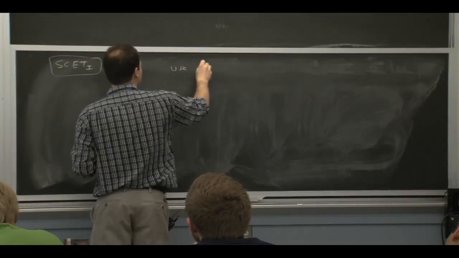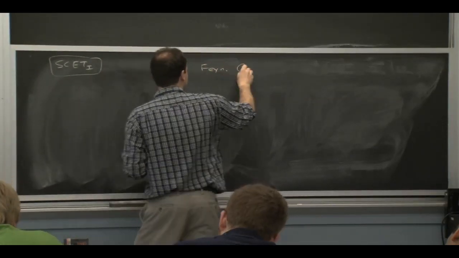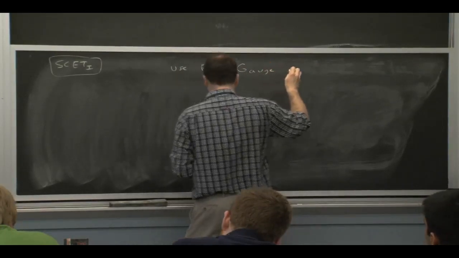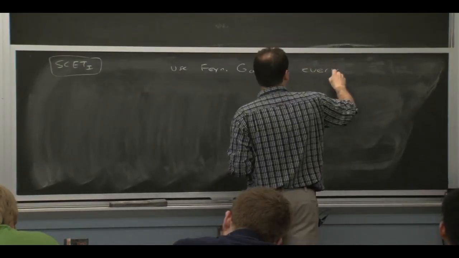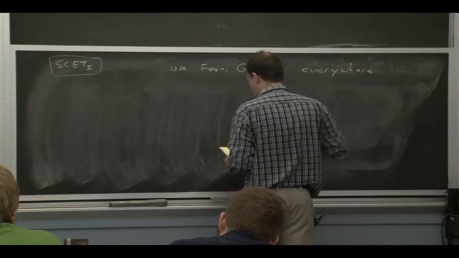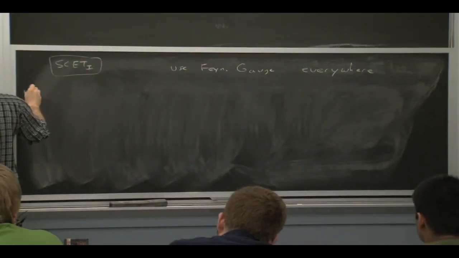So I'm going to use Feynman gauge for everything again. This is not something I have to do. This is what I'm going to do. And let's start with the ultrasoft loops.